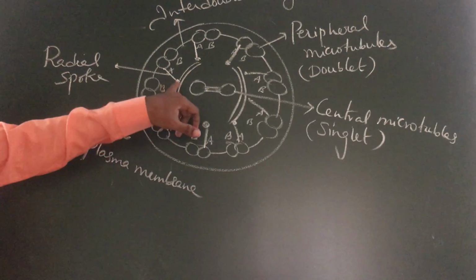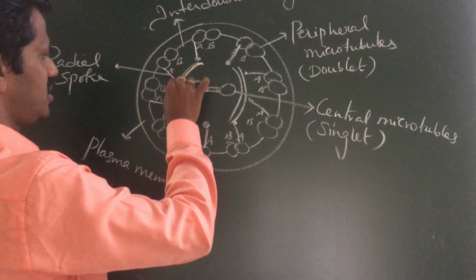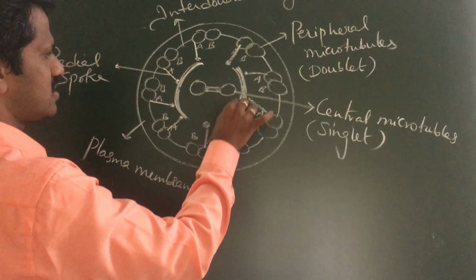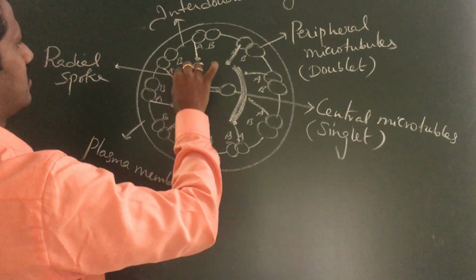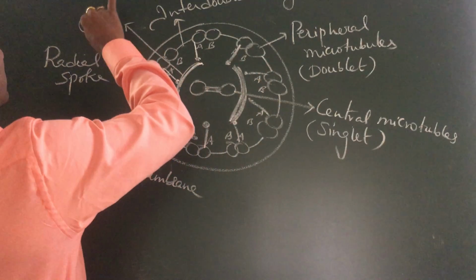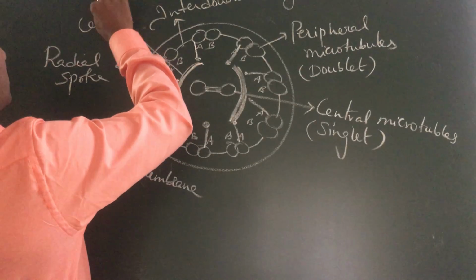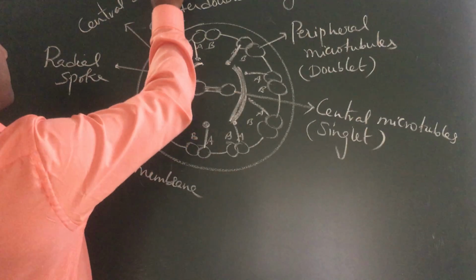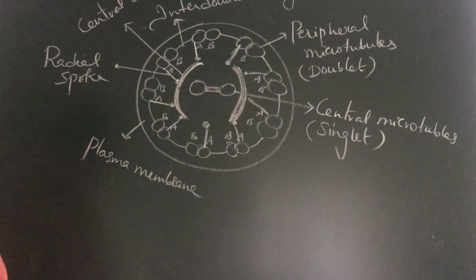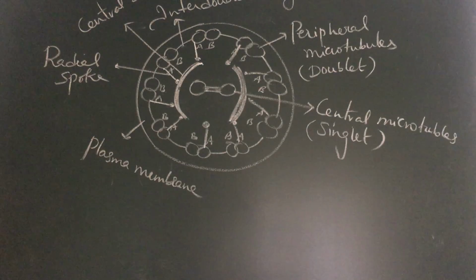This center part we call the central sheath. The central sheath separates the singlet and the doublet microtubules.